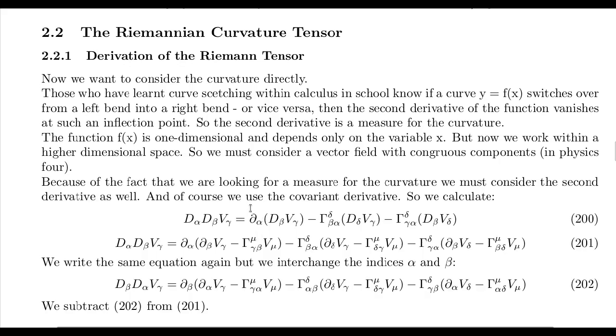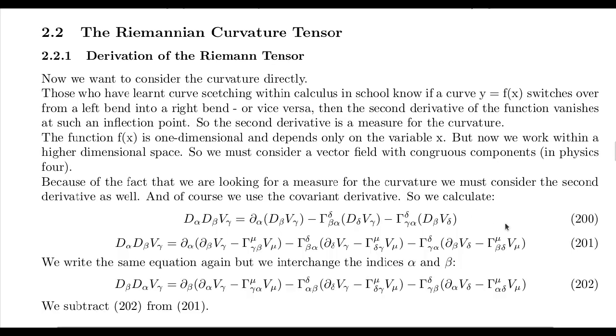That means we have one normal partial derivative, and because we have 2 indices beta and gamma here, we get 2 terms with the Christoffel symbol, according to the definition of the covariant derivative.